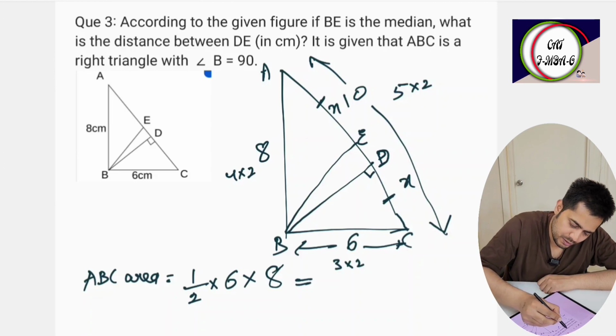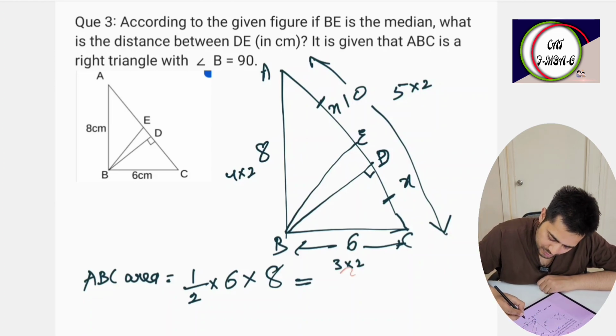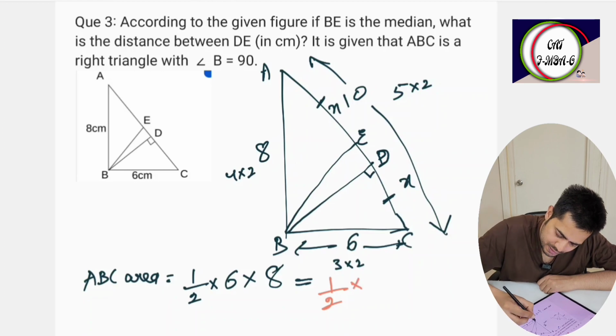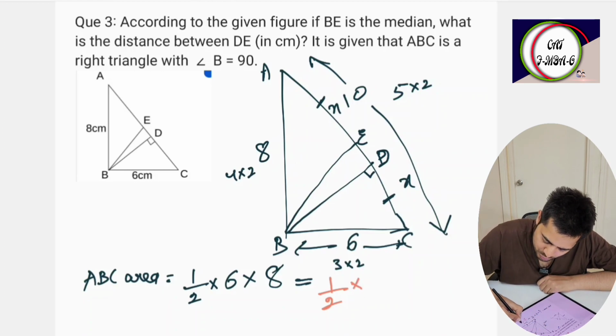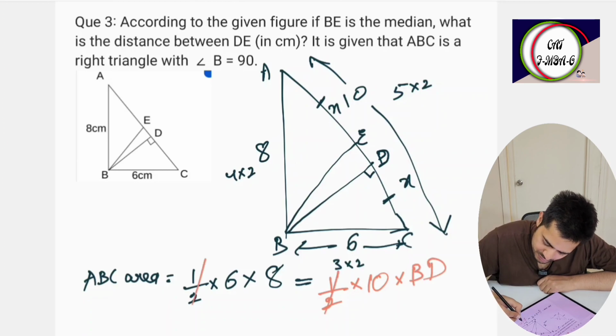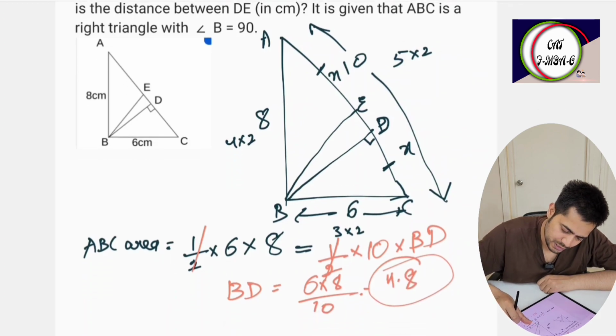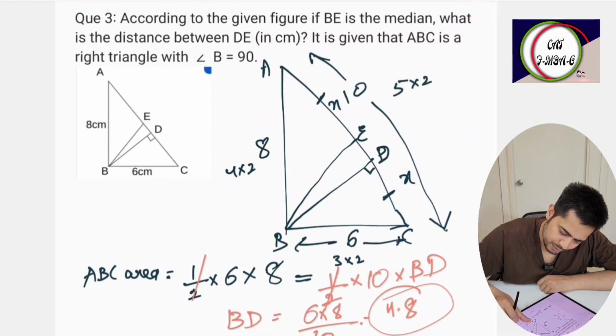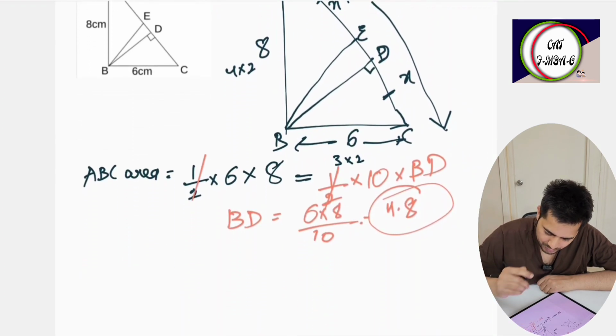This can also be written as half into base, which can be taken as AC, so 10, into height, which can be taken as BD. So half gets cancelled. So BD is equal to 6 into 8 by 10. It is 4.8. Okay, BD is 4.8, and we have to find DE.